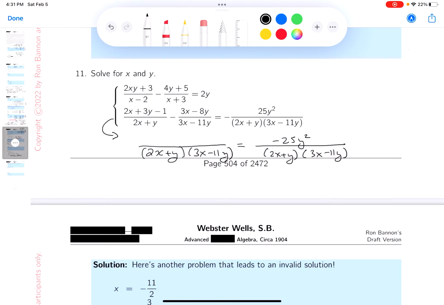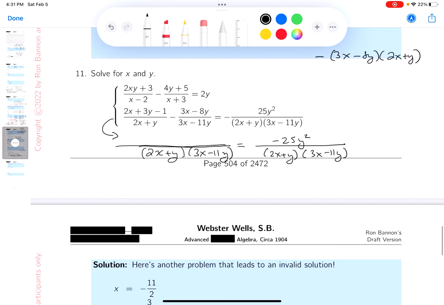Again, any path you take could be a dead end. And I'm going to write this down now. It kind of looks tough to me, though. I'm going to do some erasures, though. And I'm going to do 3x minus 8y times 2x plus y. I need to do that.